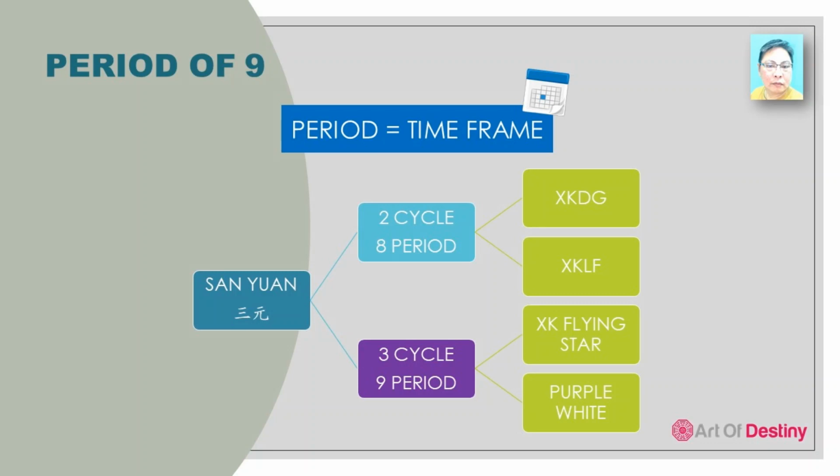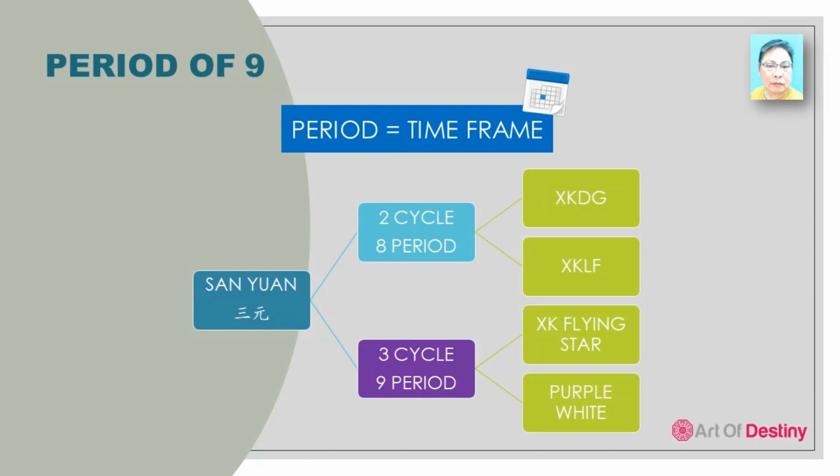Okay, what are the differences? The 2-cycle 8-period system is mainly deployed in the study of Xuan Kong Da Gua or Xuan Kong Liu Fa. These two subsystems within San Yuan use the 2-cycle 8-period system. The one using the 3-cycle 9-period system is the Xuan Kong Flying Star, or the purple-white script.